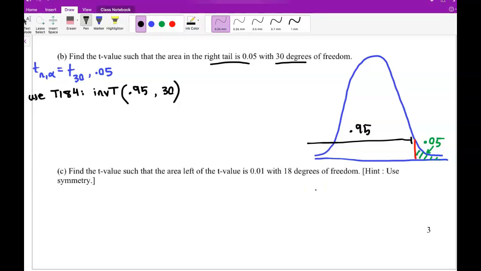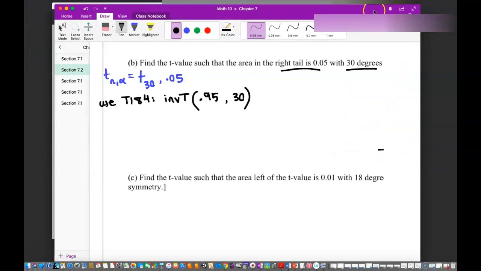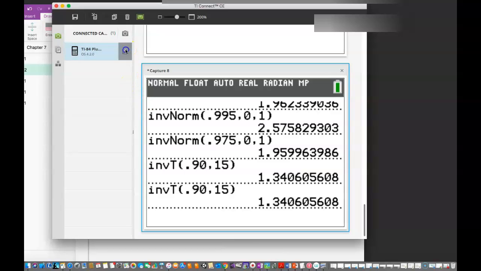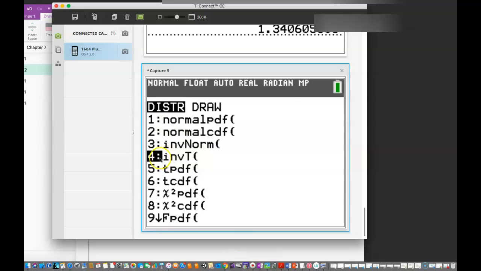So again, let's use the calculator to solve. Press second, VARS, choosing number 4, then enter for area.